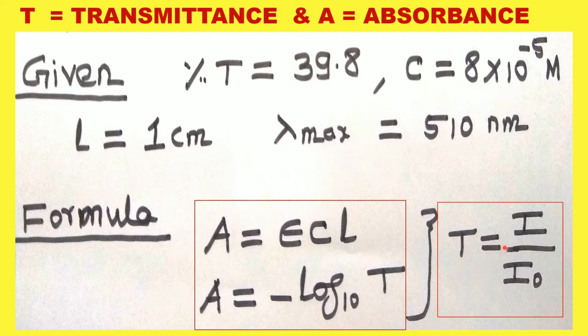The transmittance is given by the ratio of intensity of light transmitted divided by intensity of the incident beam, I naught is the intensity of the incident beam. So A equal to minus log to the base 10 of T. This is the formula. Let us substitute in the formula to get the answer.